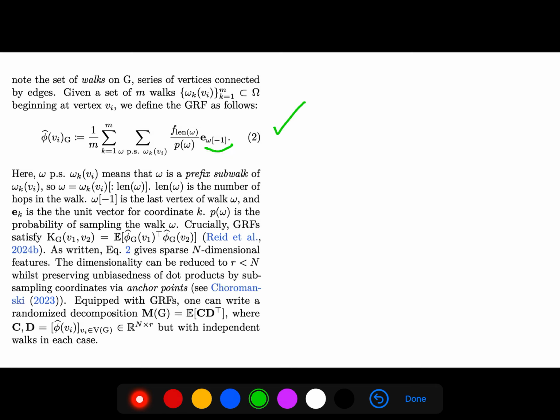Whenever you see this, it means the last index, the last vertex of walk omega. And e sub k is the unit vector for coordinate k. This distribution is for sampling walk omega. This is the probability of sampling walk omega.